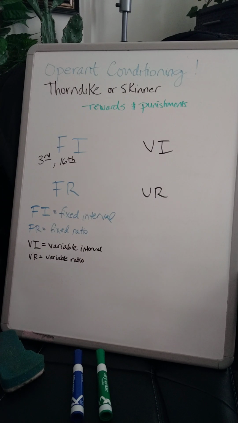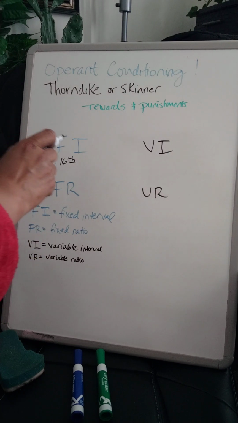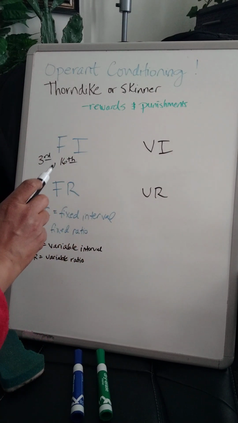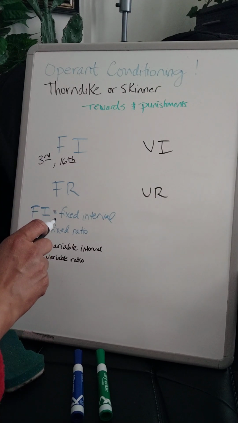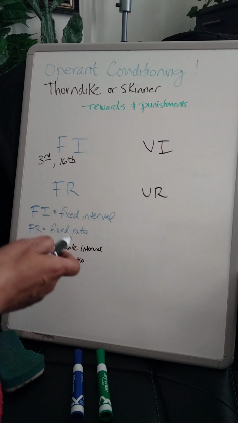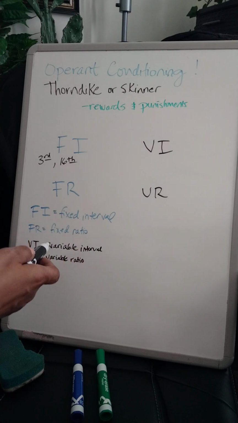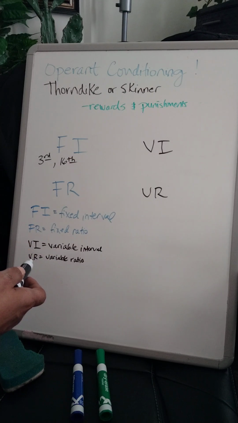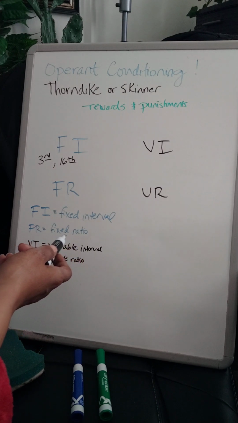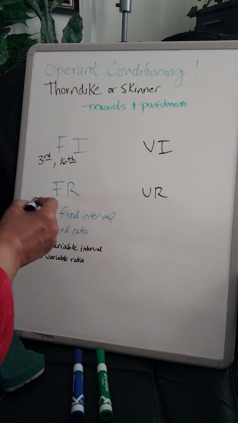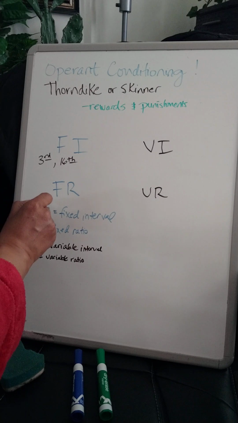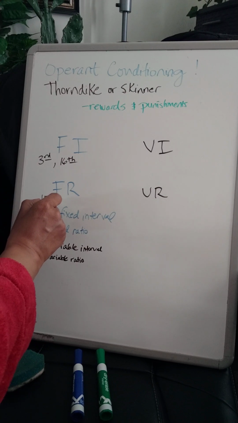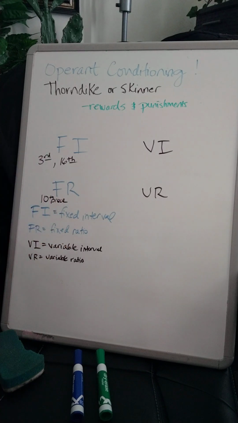Remember, first column we have FI for fixed interval. Now we're going to look at FR for fixed ratio. Fixed ratio is a reinforcement after a fixed number of responses, such as your job paying you based upon the amount of pieces you collect. So after every 10th piece, you'll get a paycheck.